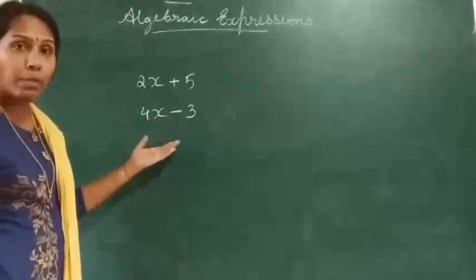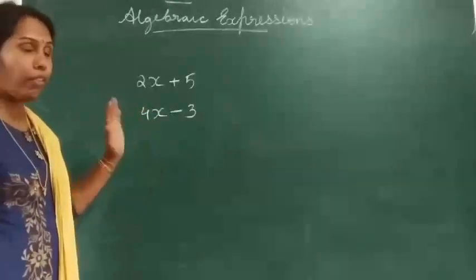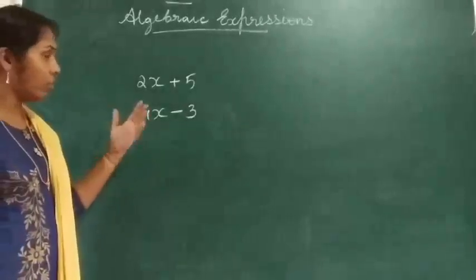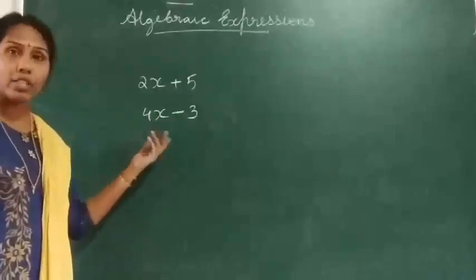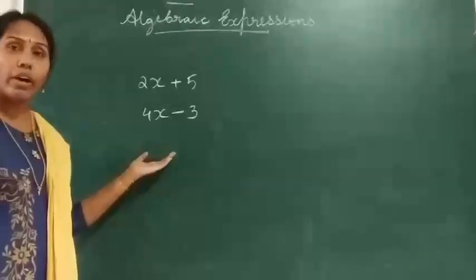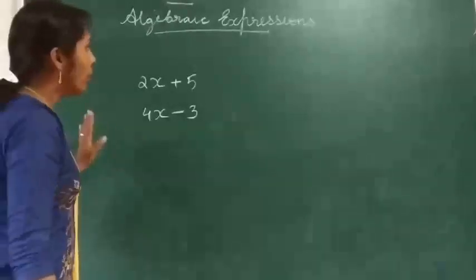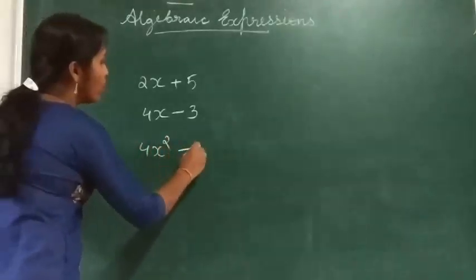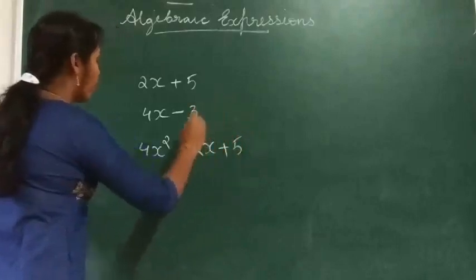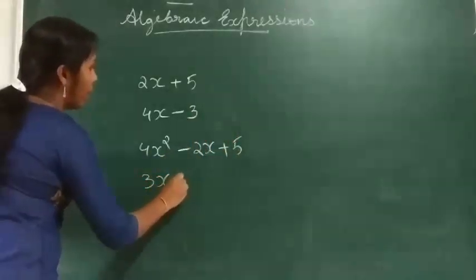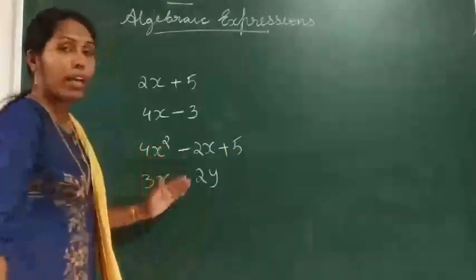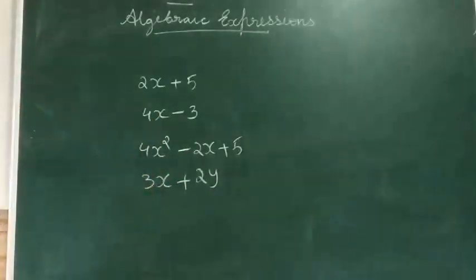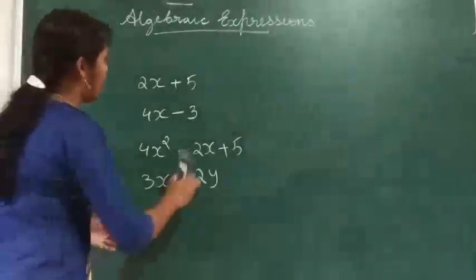We can have algebraic expressions containing more than one variable, and expressions with many powers like x square, x cube, x to the power 4, or y square, y cube, etc. Another example, 4x square minus 2x plus 5, or 3x plus 2y. These are all examples of algebraic expressions. Now, what are the terms of an algebraic expression?